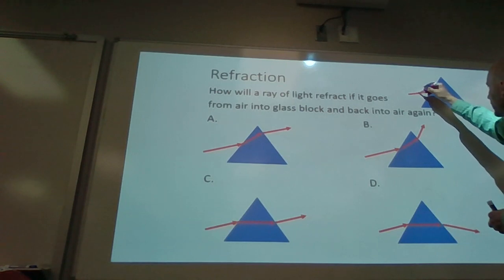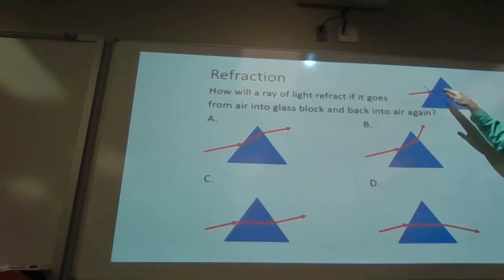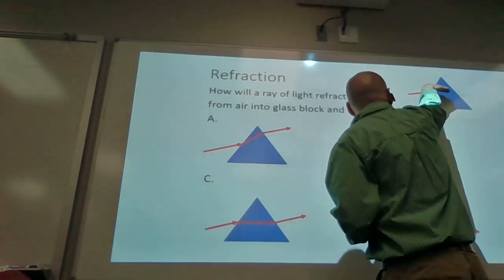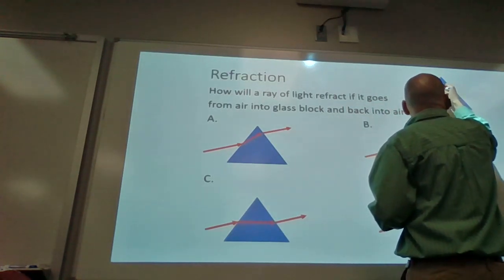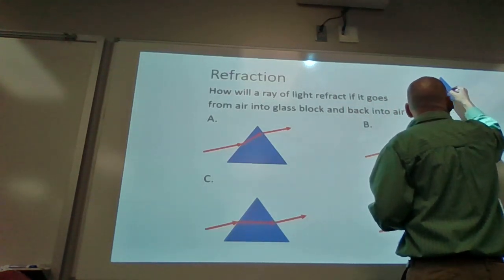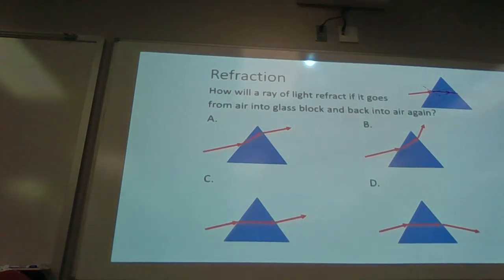Here's no refraction. Bending towards the normal line, it's going to bend like that. Does that make sense? Questions there? This is the normal line it's bending towards.